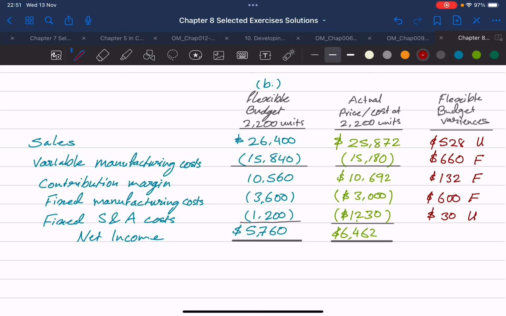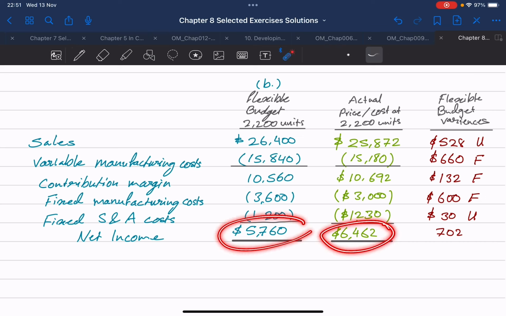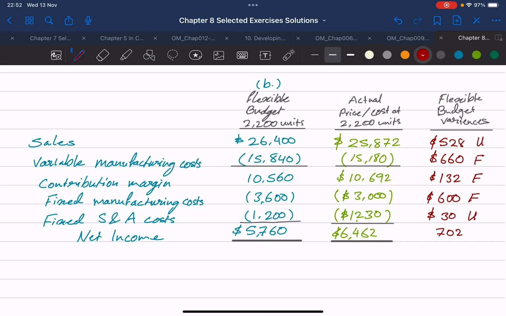Ultimately, the variance in the net income, 5,760 minus 6,462. That's a variance of $702. And the actual net income is higher than the budget net income, so that's a favorable variance.